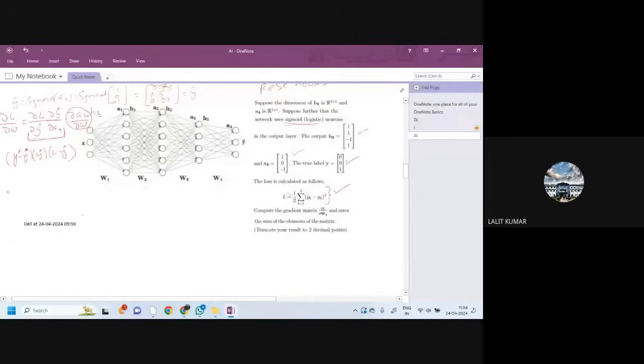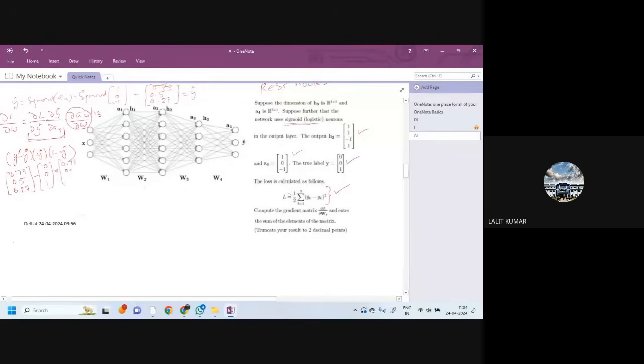ओके, सो y हैट हमारा निकला है 0.73, 0.5, 0.27 minus y is 001 into.